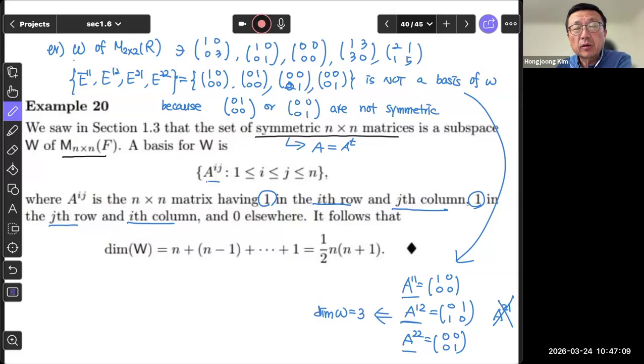And in general, as in example 20, if you consider all the matrices where i goes from 1 to n and j goes from i to n, then if you add them up, the dimension will be this. So that is the dimension of W in general.